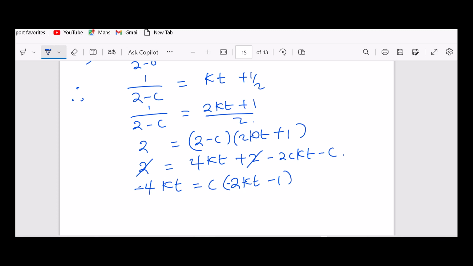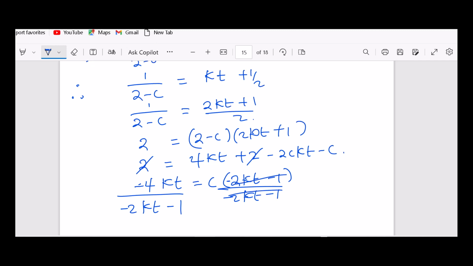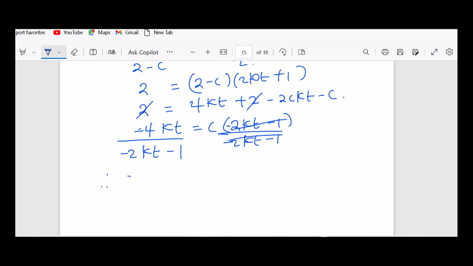This is also negative, so I just divide here. Negative 2KT minus 1, this and this will go. So I have my C to be equal to 4KT all over 2KT plus 1, like this.